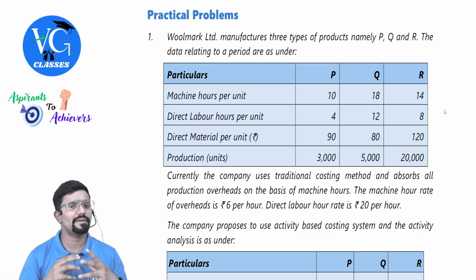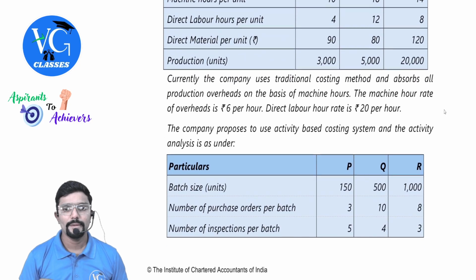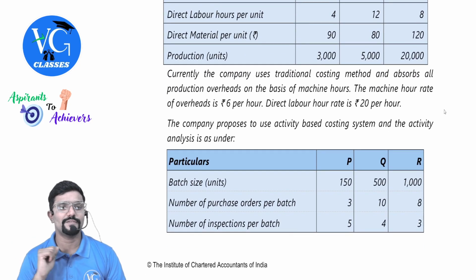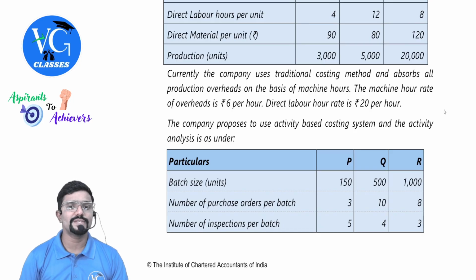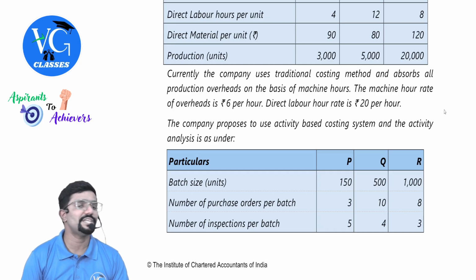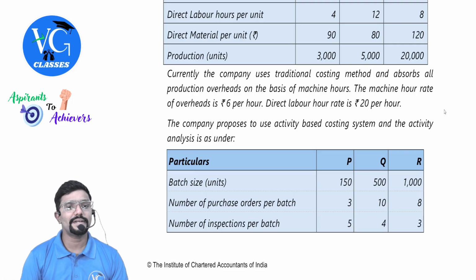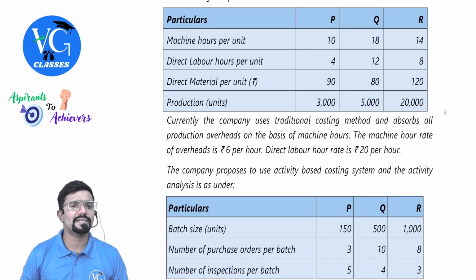Whatever cost and hours they have given is per unit, and production is given in units for each of them. Currently, the company uses the traditional costing method and absorbs all the production overheads on the basis of machine hours. The machine hour rate of overhead is already fixed at 6 per hour. Direct labor hour rate is 20. That will help you calculate direct labor cost.